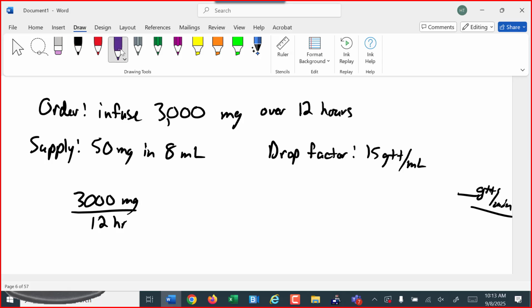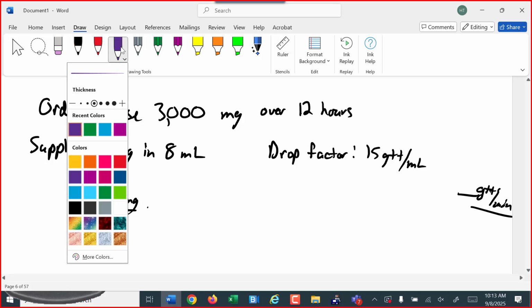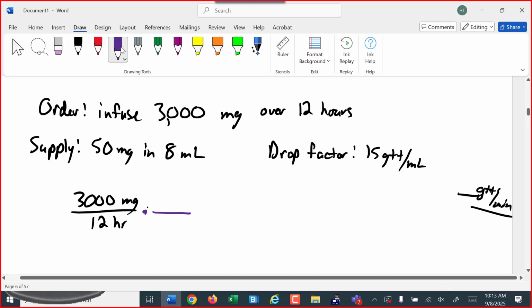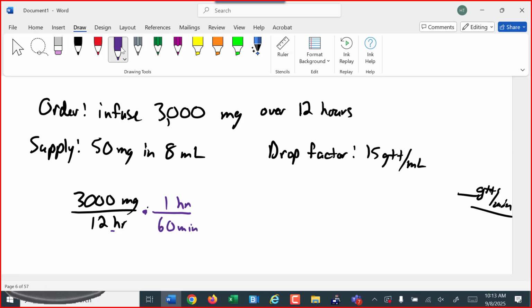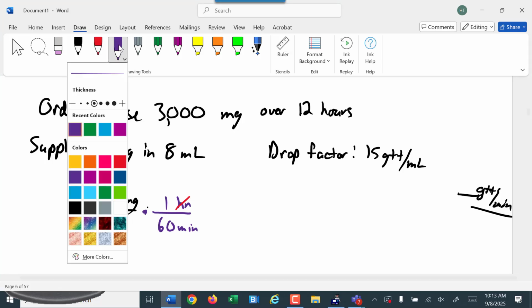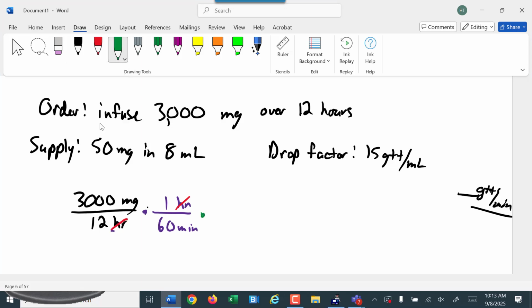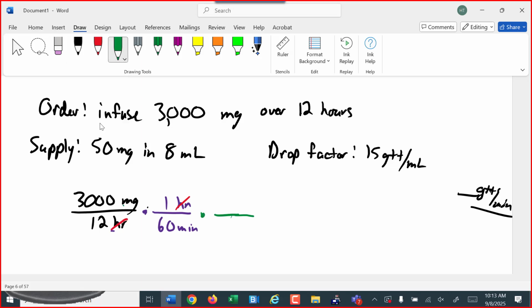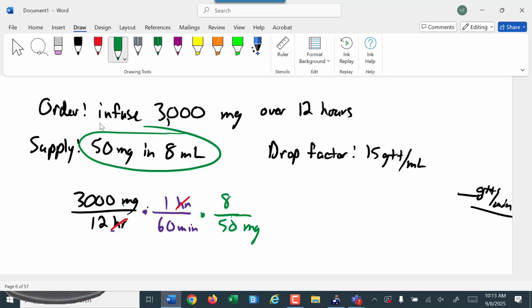So the doctor's order, 3,000 milligrams over 12 hours. Once again, we have to get rid of the hours, so I'm going to go ahead and put hours on top so they'll cancel. 1 hour is 60 minutes. So I've canceled out the hours. We still have to get rid of the milligrams. Milligrams are on top, so I'm going to put milligrams on bottom. So we go searching, and we see here that on the label of the supply, it tells us that 50 milligrams is equivalent to 8 milliliters.